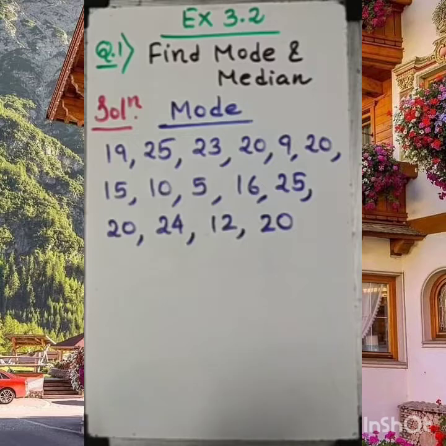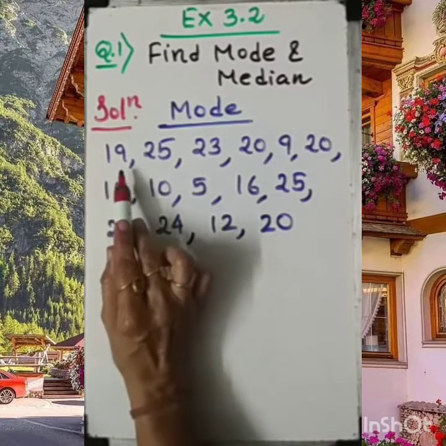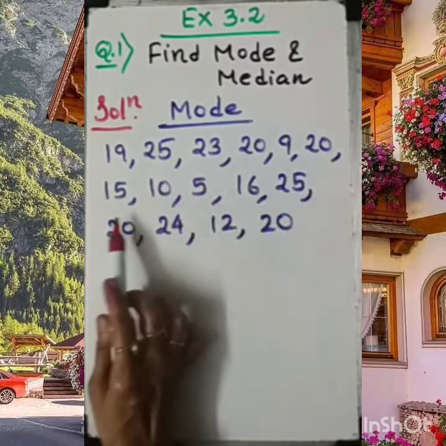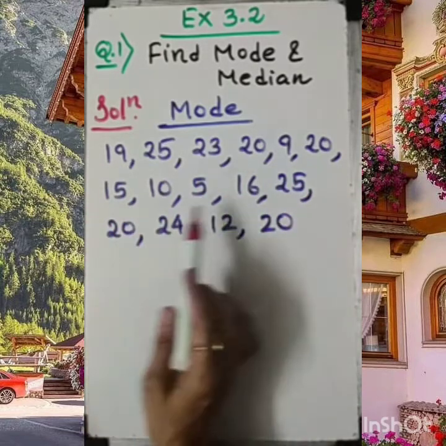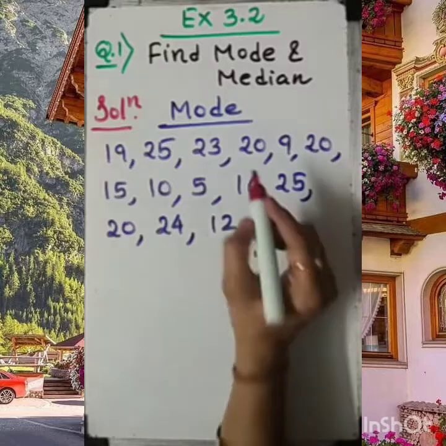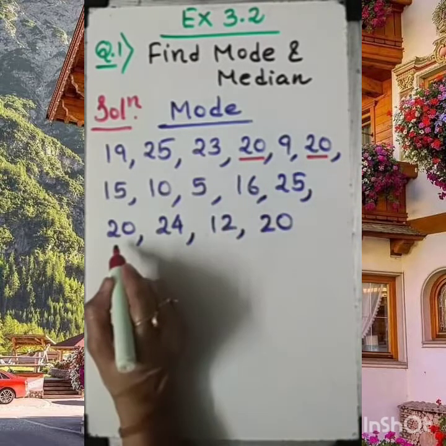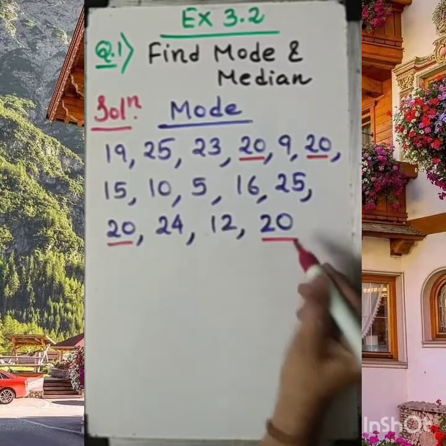So my dear student, how to find the mode? For that, very simple, we need to be a keen observer. Just look at all these observations. Is there any observation which has been repeated more than once? You can see here, dear student, 20, 20, 20 and 20.